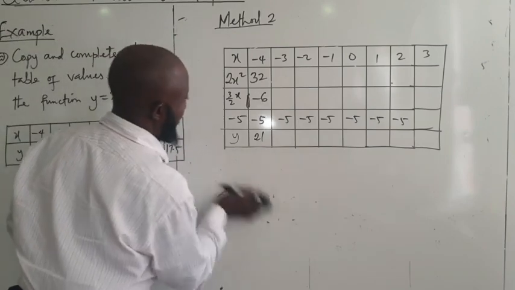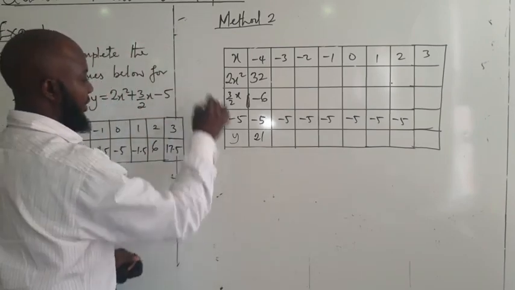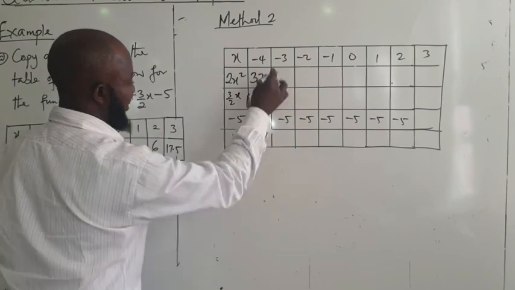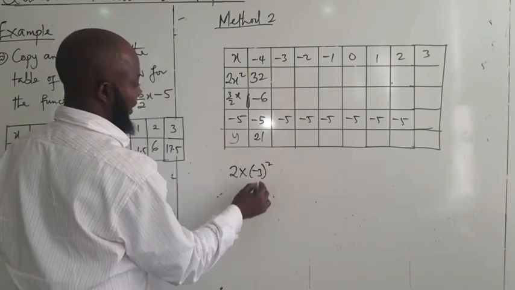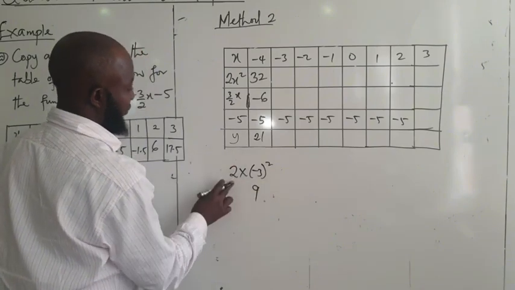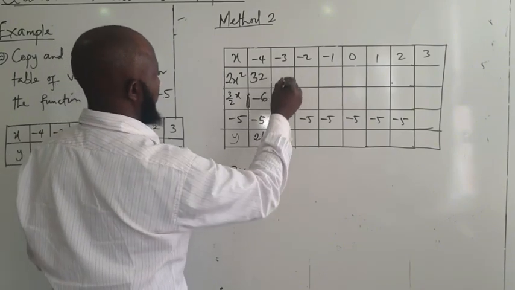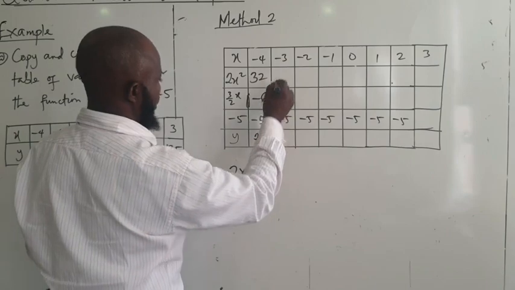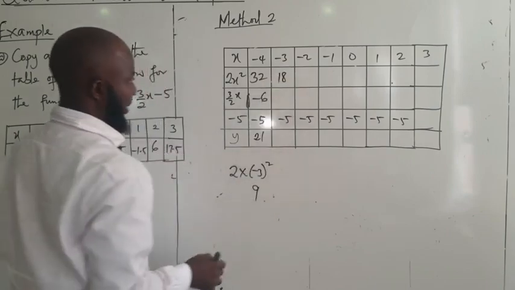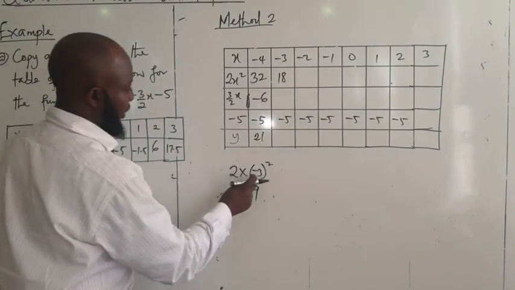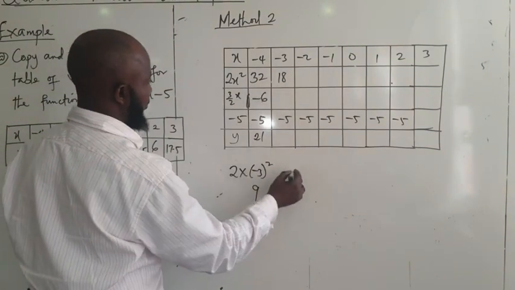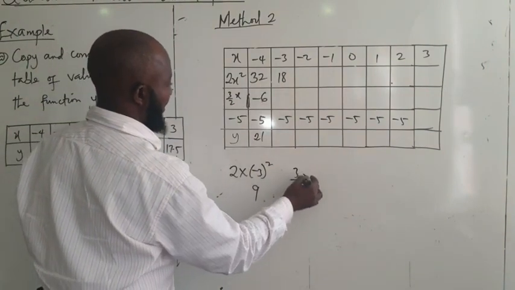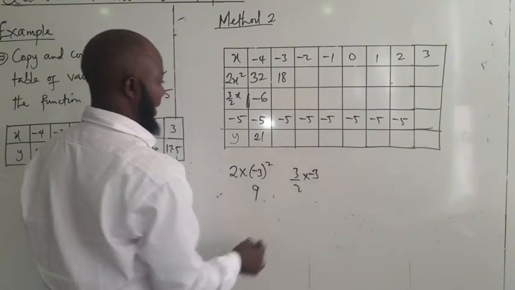Then for the second one, we do the same thing. That will be 2 times minus 3 squared, right? Minus 3 squared is 9. 9 times 2 is 18. So we go to the next one: 3 over 2 times 3 times minus 3.